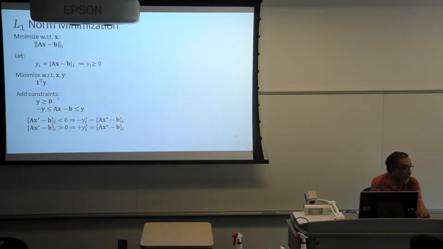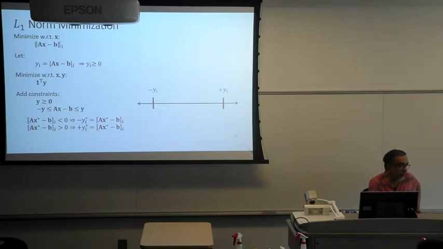And y must be greater than or equal to 0, so I have a constraint here. Now, yi is the absolute value. So let's say yi is 5. The absolute value is 5. That means that the ith element of the vector AX minus B is either 5 or minus 5.